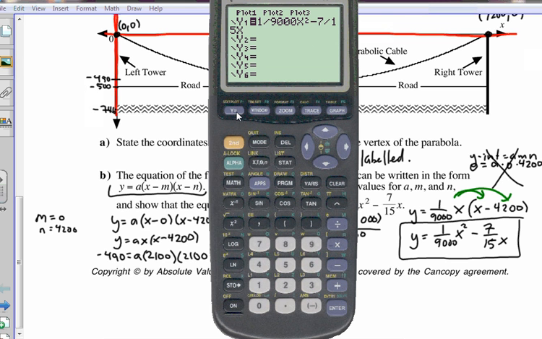Where's your X? Now if you wanted to have this road in here, y equals negative 500. That's where the road is. And if you wanted to have the river as well, we could go y equals negative 746.